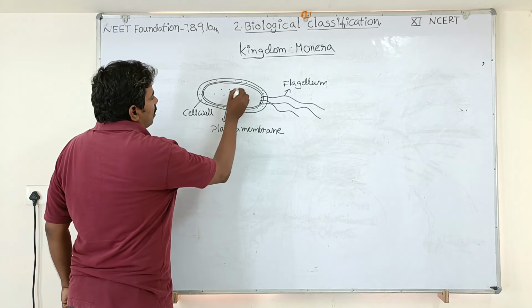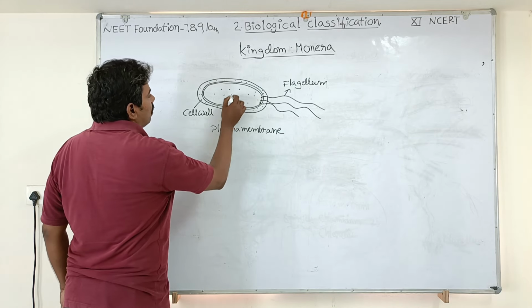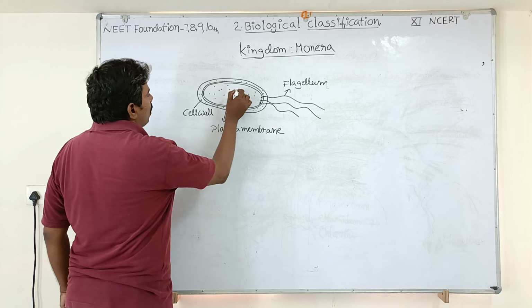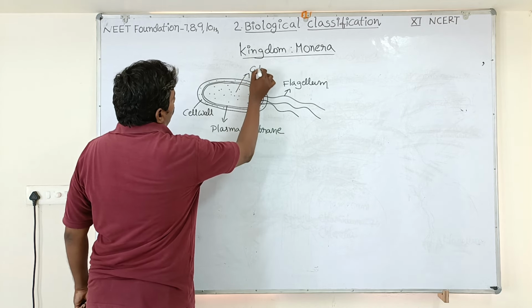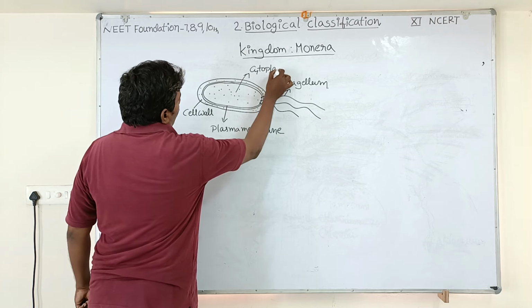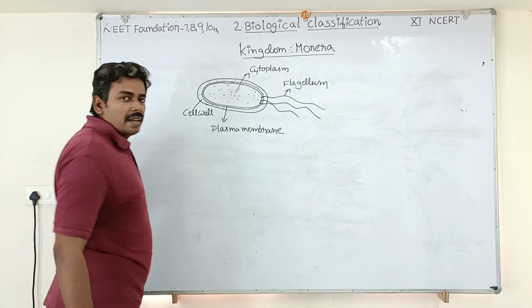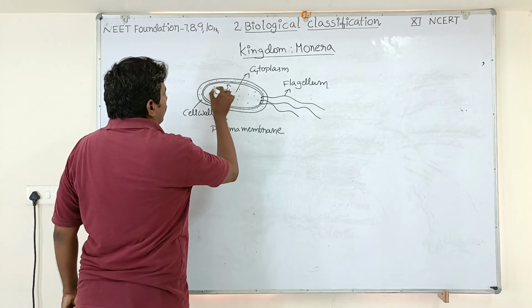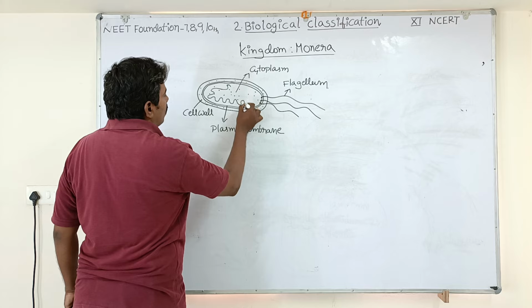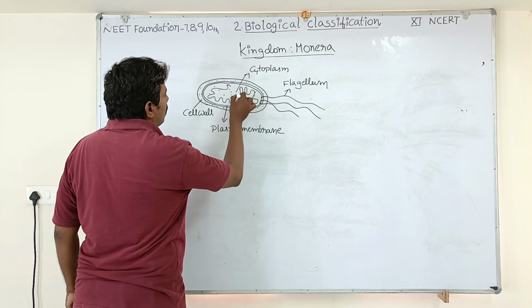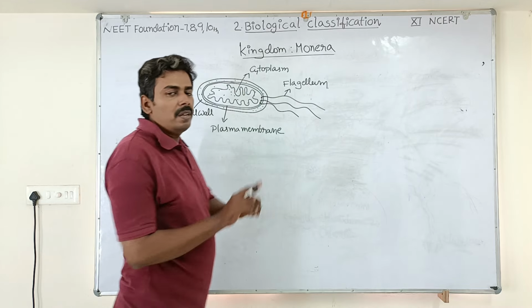Inside the bacterial cell, there will be a liquid called cytoplasm. In the cytoplasm there will be DNA. The DNA will be present in the cytoplasm and it will be circular. There will be no open ends.